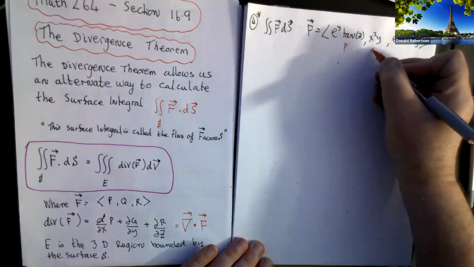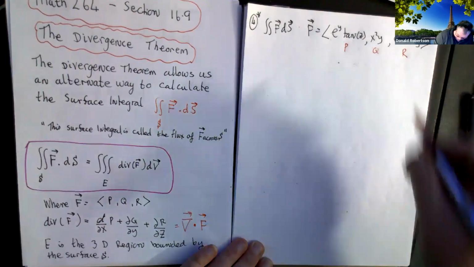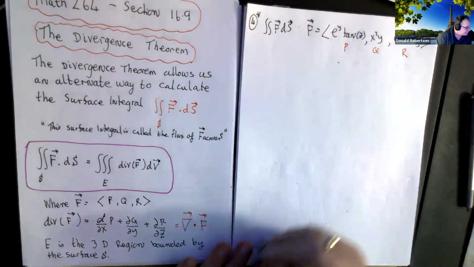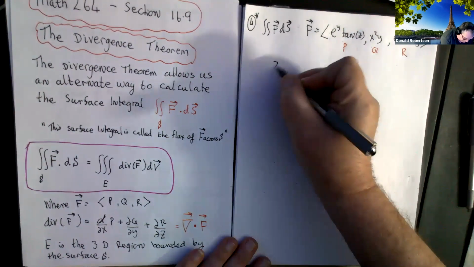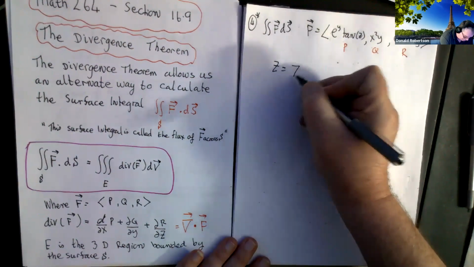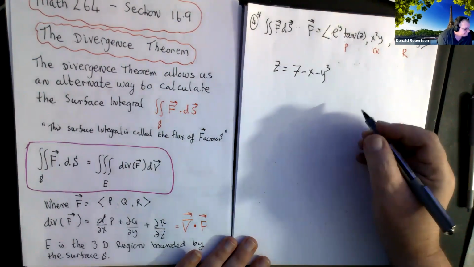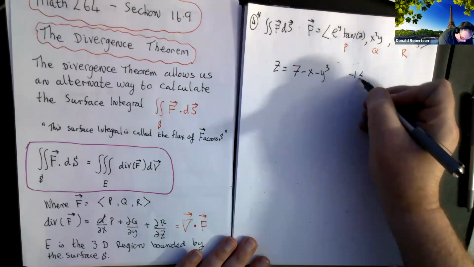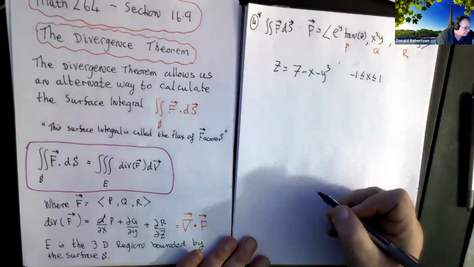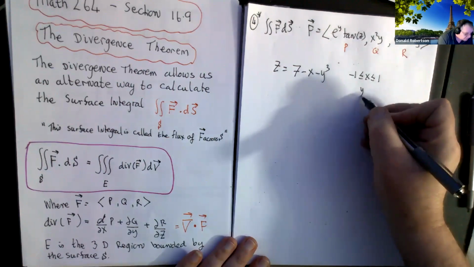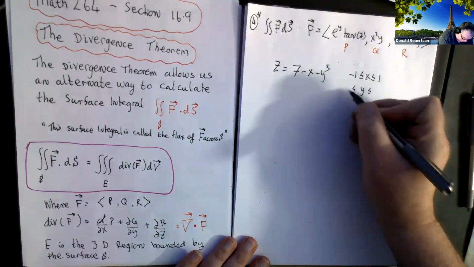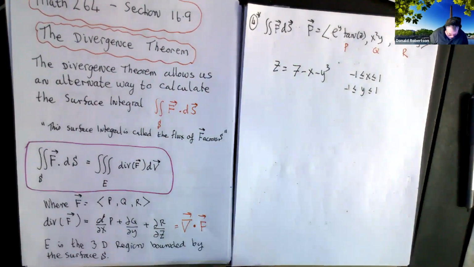That guy's p, that guy's going to be q, that guy's r. And the surface is z equals 7 take away x take away y cubed. X goes from negative 1 to 1, I should say. And y also goes from negative 1 to 1.